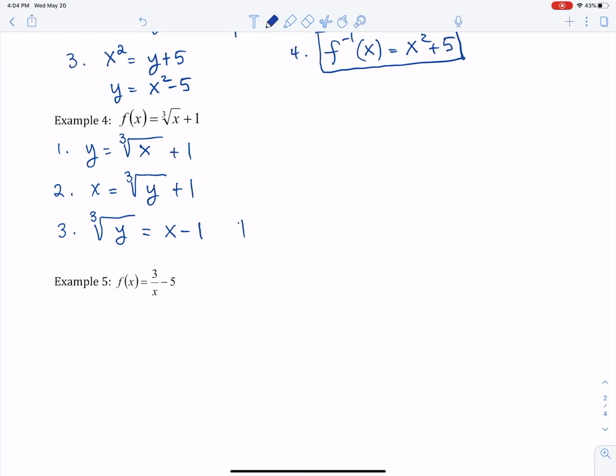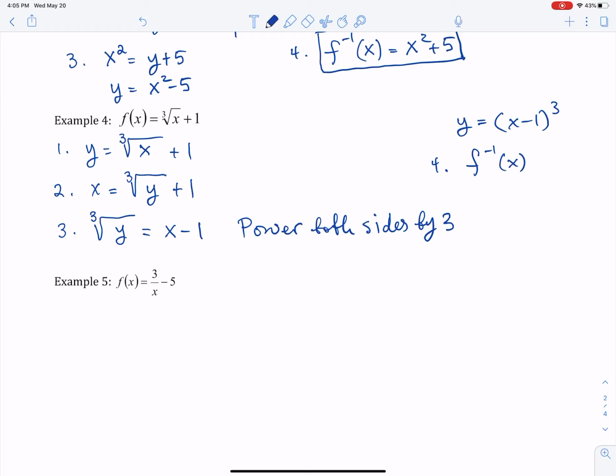Power both sides by 3, to cancel the third root. It's going to be y is equal to x minus 1 cubed. And step 4 is going to be write your answer in inverse notation. Circle your answer.